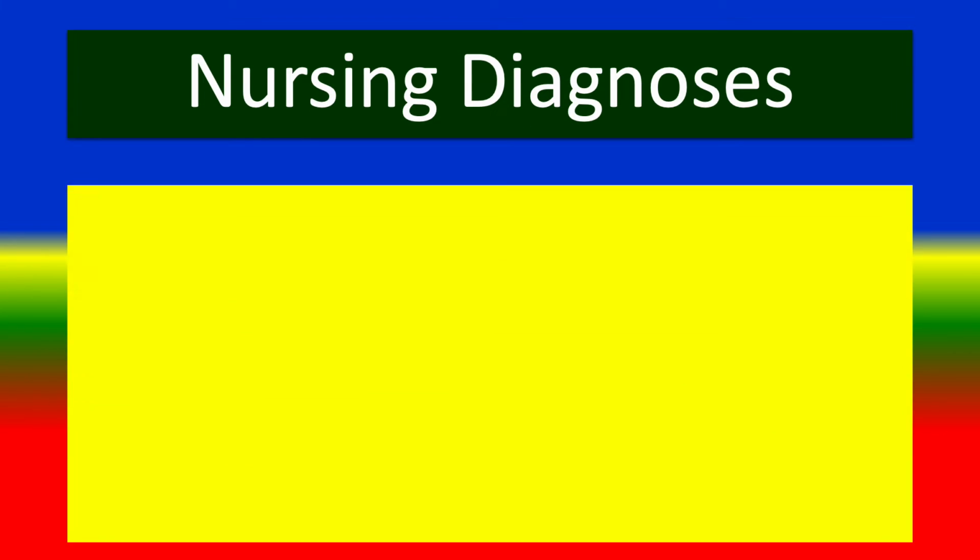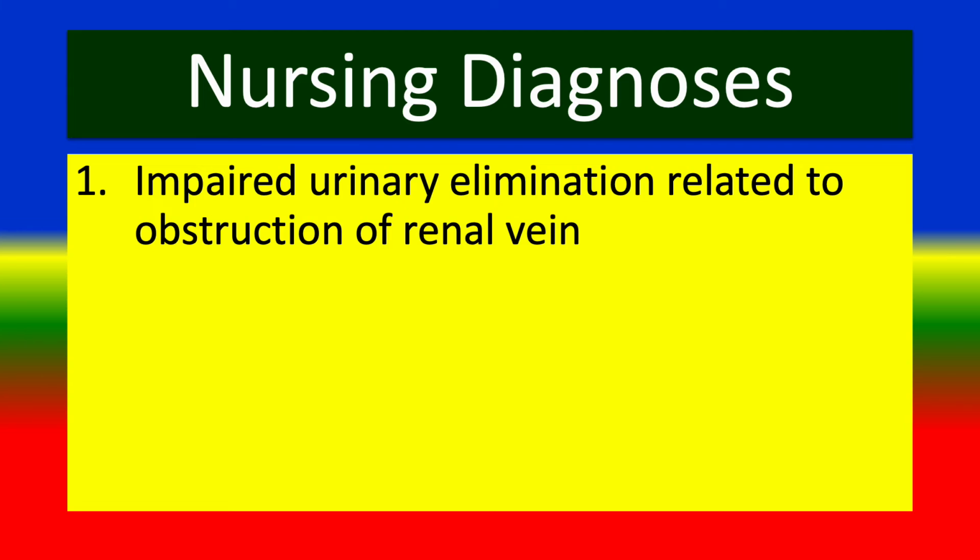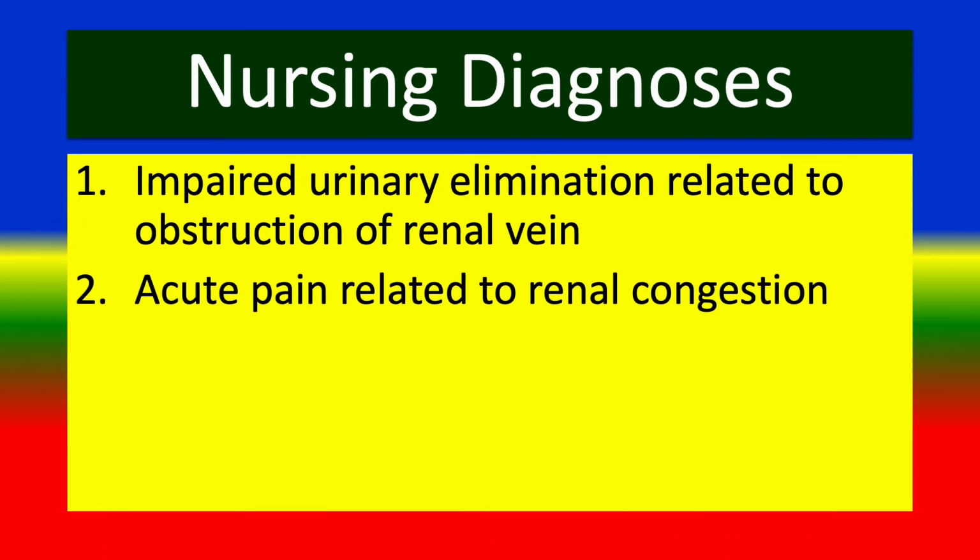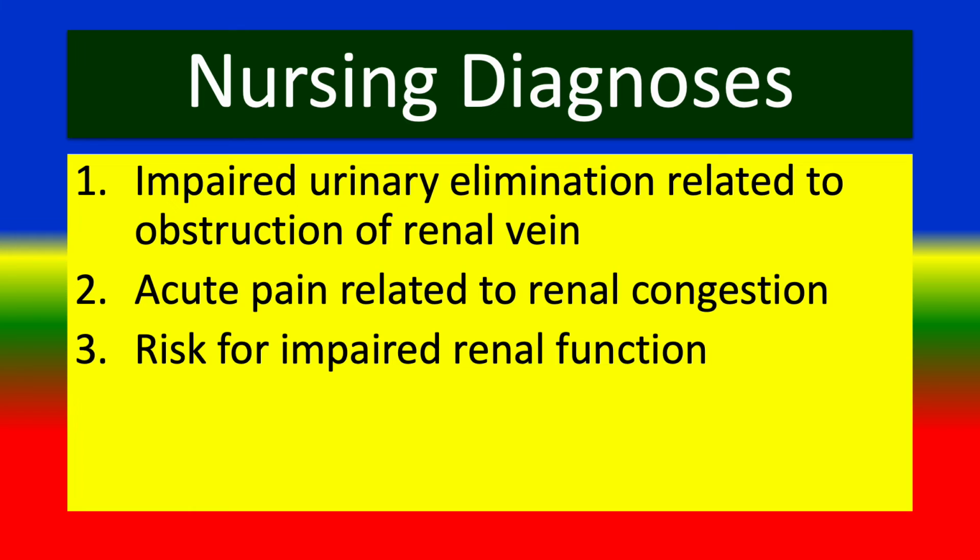Nursing diagnosis. 1. Impaired urinary elimination related to obstruction of the renal vein. 2. Acute pain related to renal congestion. 3.